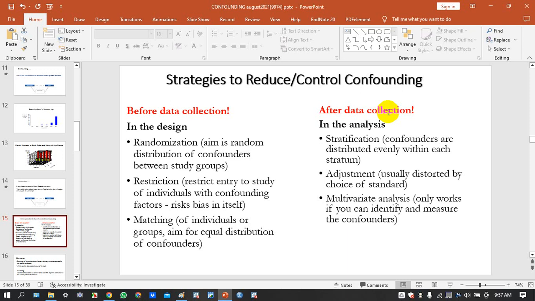One is by stratification, where confounders are distributed evenly within each stratum. I'll explain that, so hold on with that. Adjustment, usually distorted by choice of standard. Multivariate analysis only works if you can identify the confounders. So we are now going to tackle them one by one. We are going to start with stratification.